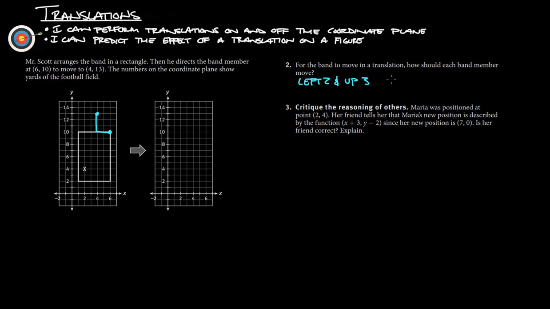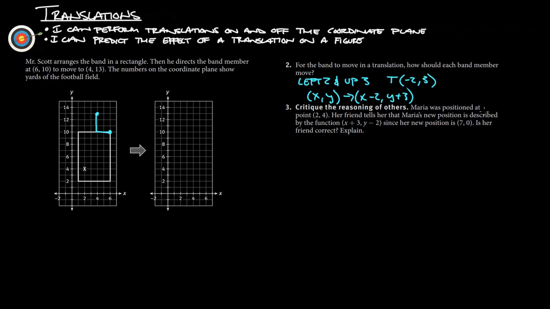We could write it in our T notation, which would be negative 2 and positive 3. Or we could also write it as (x, y) translates to (x - 2, y + 3).